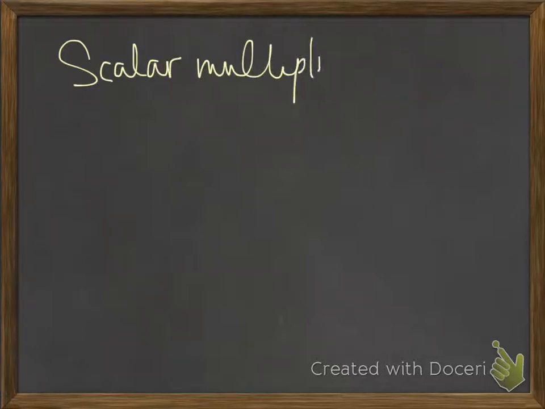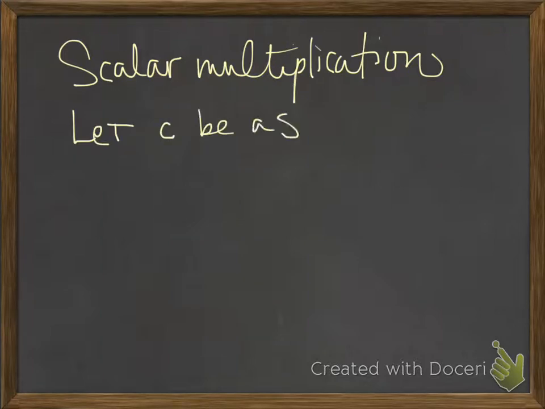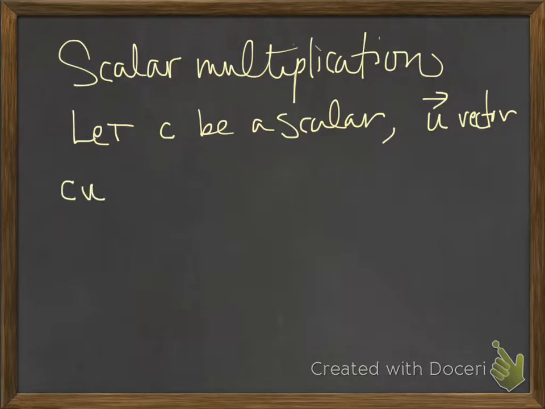Now we're going to talk about scalar multiplication. Here we have to be really careful about notation, because we want to distinguish between just numbers, which we're calling scalars, and vectors, which have magnitude and direction. So we're going to let c be a scalar, and we're going to let u be our vector. We're going to be really careful about signifying the difference here. So what is c times u?